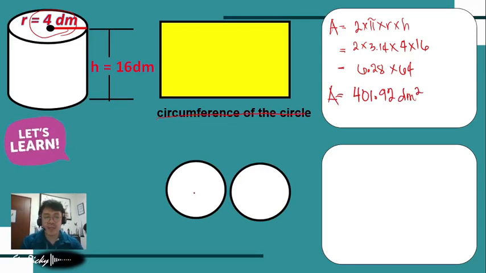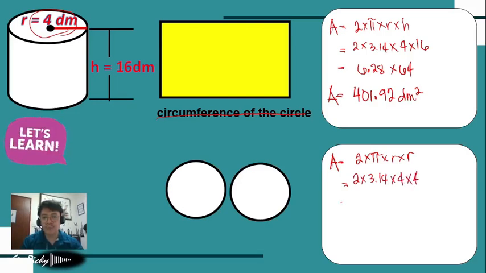Then, to get the area of these two circular bases, we can use the formula A equals 2 times pi times r times r, wherein pi is 3.14 and the radius is 4 times 4. 2 times 3.14 is equal to 6.28, times 4 times 4, which is 16. 6.28 times 16, we will get 100.48. So this is only the area of these two circular bases.